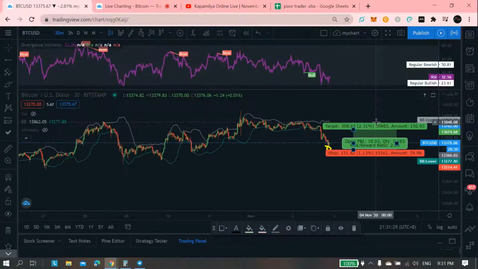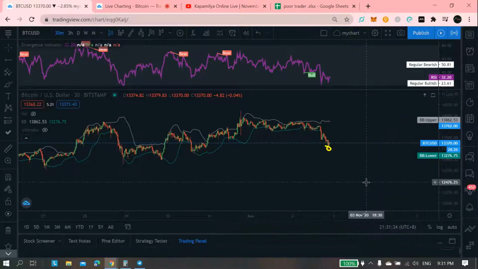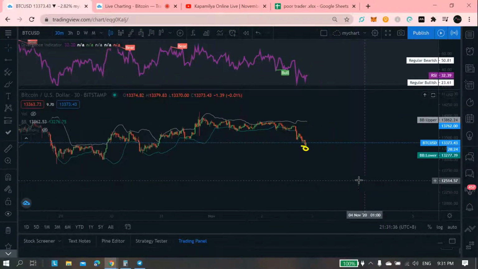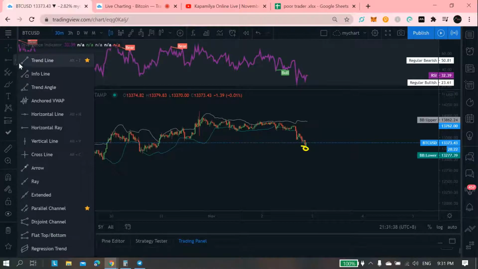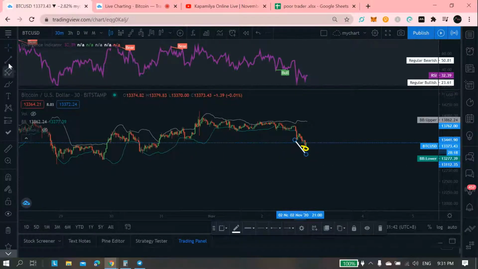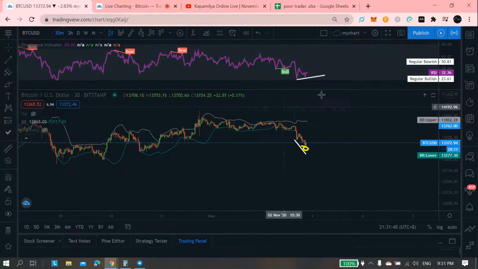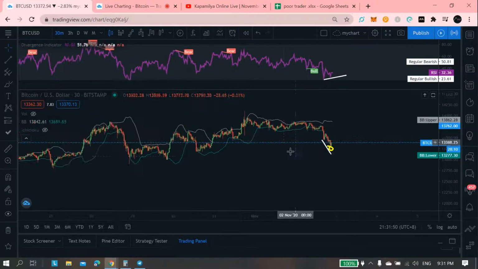So if you have some questions, oh, let me check. Seems like there is a divergence. There is a bullish divergence here. This is going down and this is going up. Anyway, normally I just use the candlestick or Renko chart in my trading.